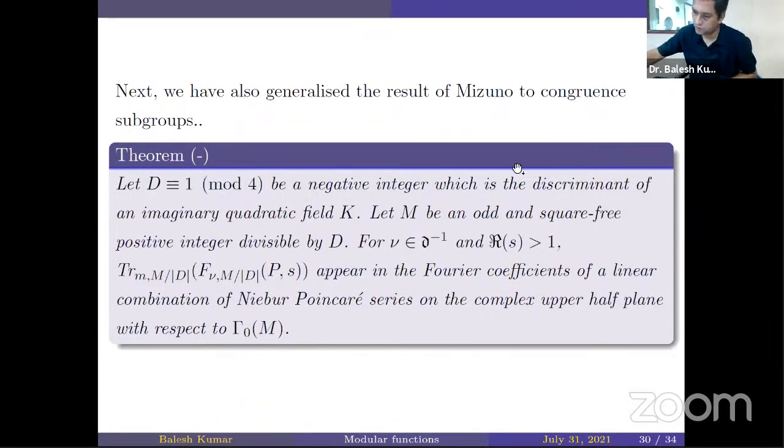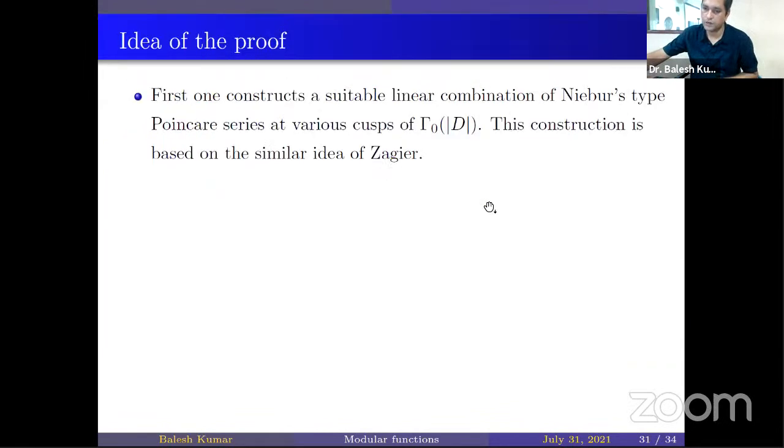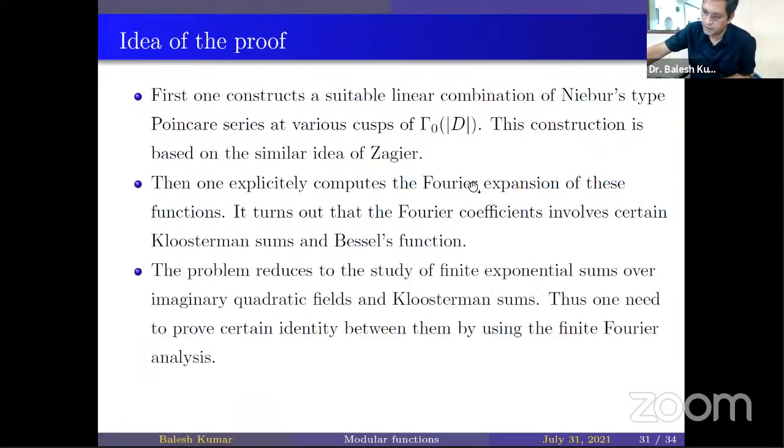Yeah. So this is the result that we have discussed, we have proven, and so let me just give quickly the idea of the proof, and then I would like to stop our lecture. So here, the idea is to construct suitable Niebur type Poincaré series corresponding to the various cusps of Gamma_0(|D|).